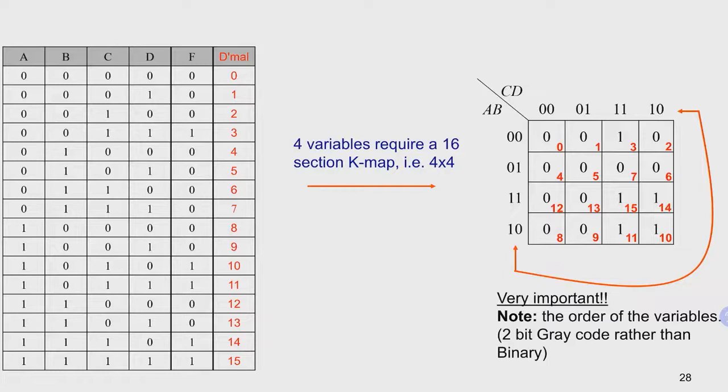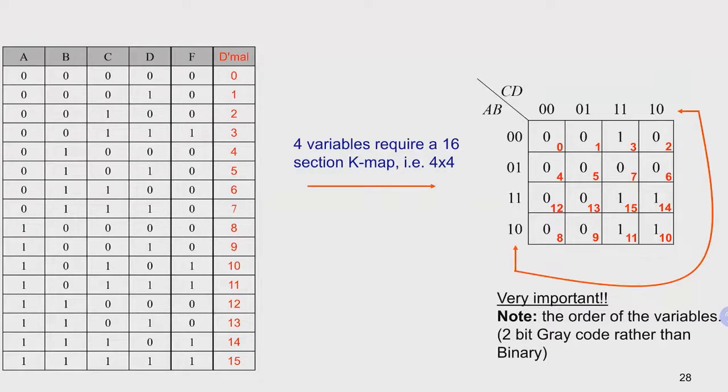And for 4 variables, the K-map, we list that in the vertical axis as A, B, and then the horizontal axis as CD.